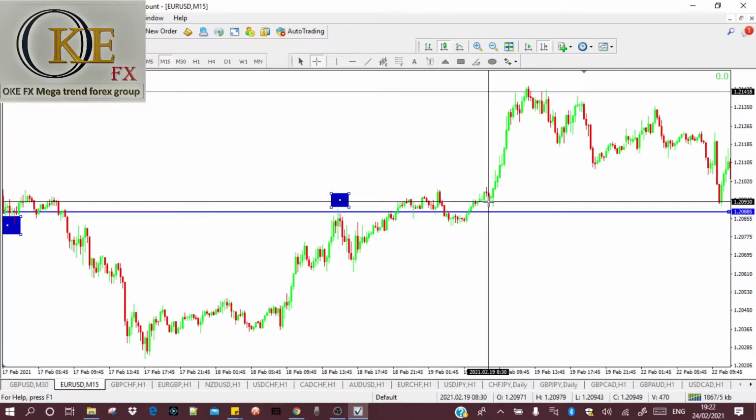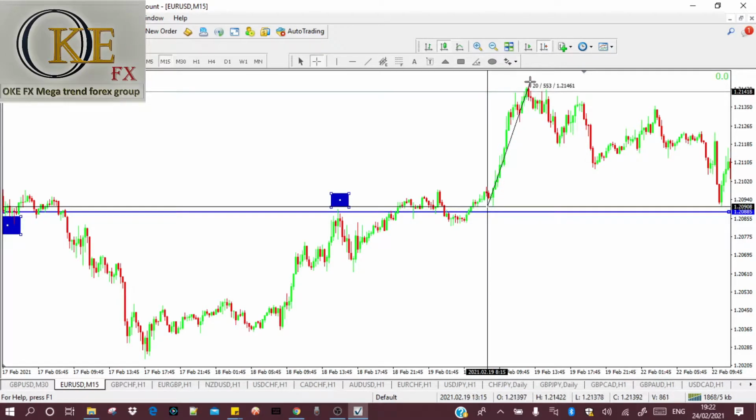There was some ride of at least just 53 pips, considering the fact that we are in the 15 minutes time frame. So now I want you to, in summary, just understand that support is a temporary line or area or zone that prevents prices from continually falling. You understand?